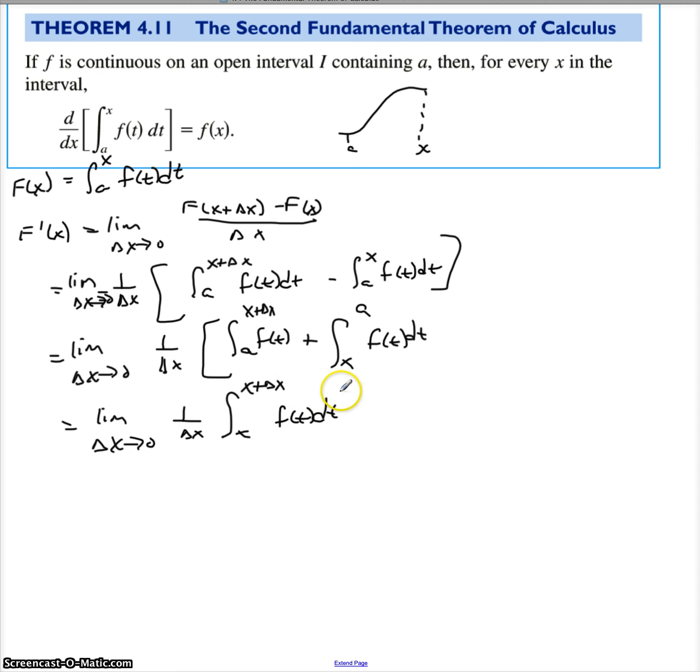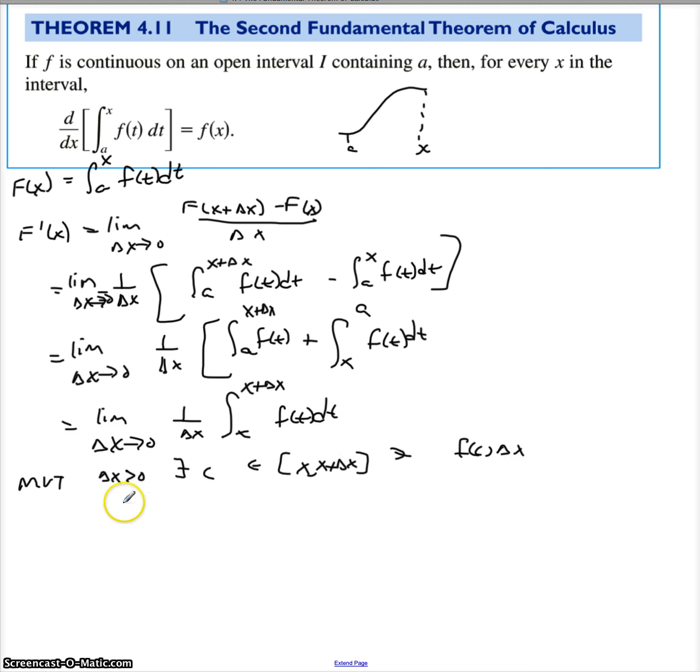Cool. All right, from the mean value theorem, we know there exists, and we're just going to assume delta x is positive at this point in time, there exists a number c contained in the interval x to x plus delta x, such that the integral expression is equal to f of c times delta x.